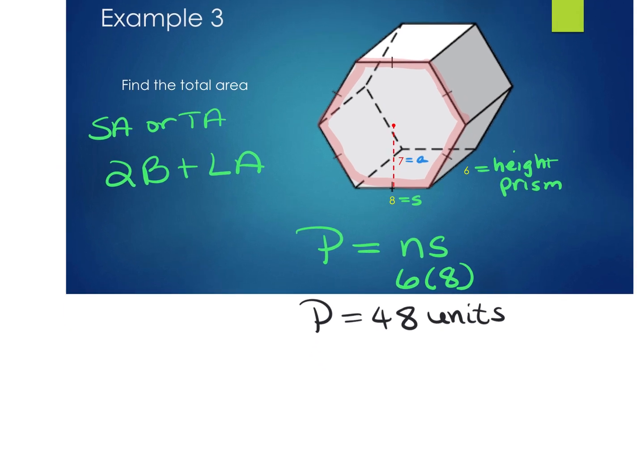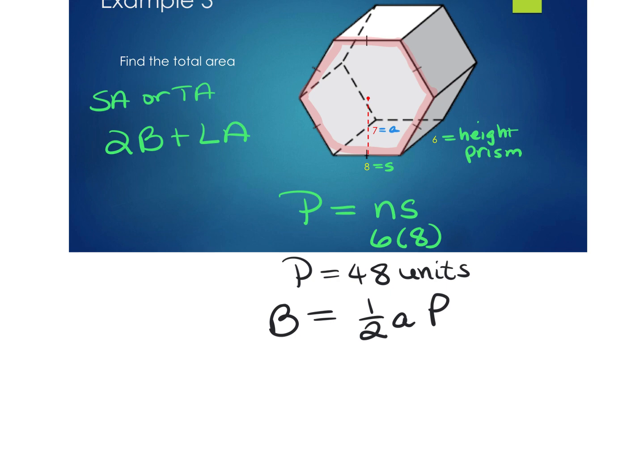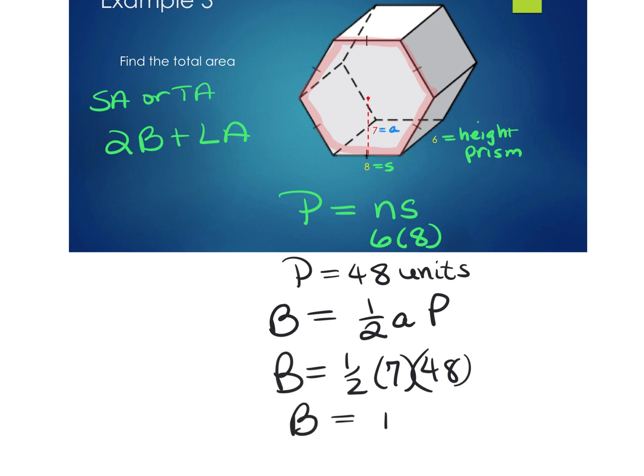To calculate the capital B, I'm using the formula for area of a polygon, which is 1/2 apothem times perimeter. So my apothem was given to me, it was 7, and I just calculated the perimeter, and it was 48. So the area of my base is 168 units squared.